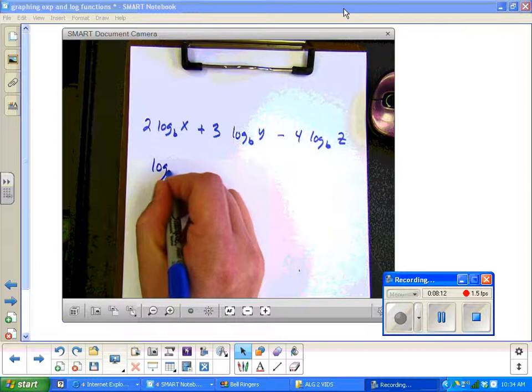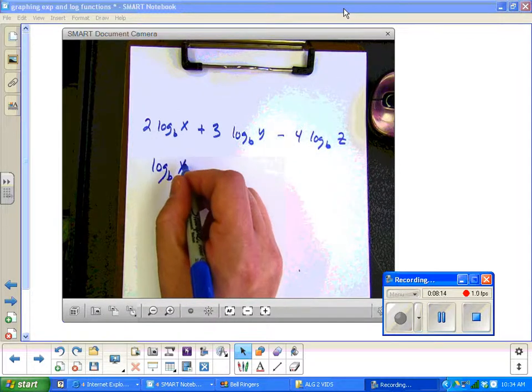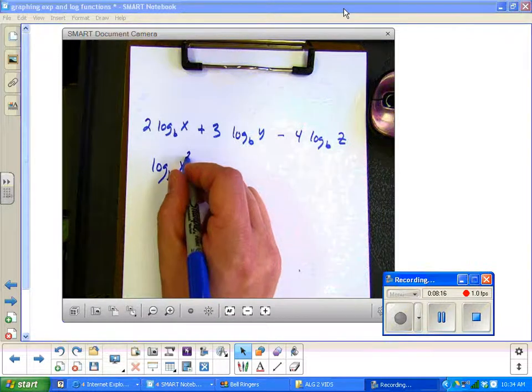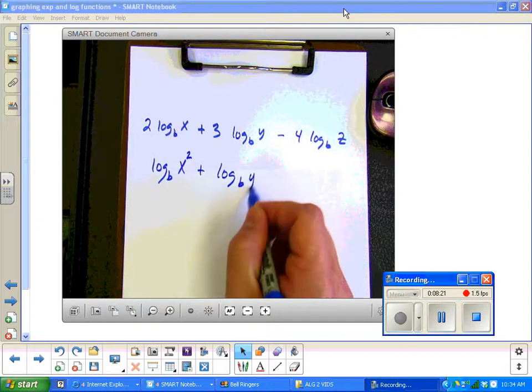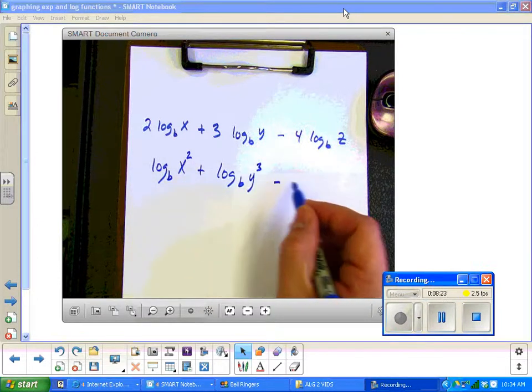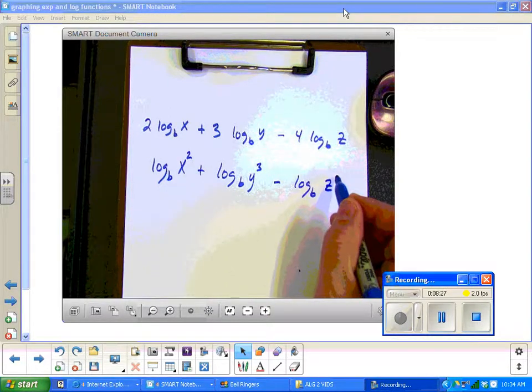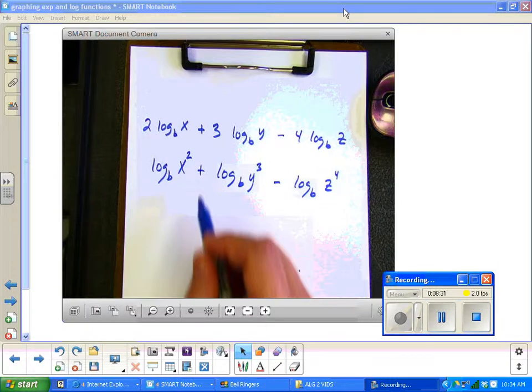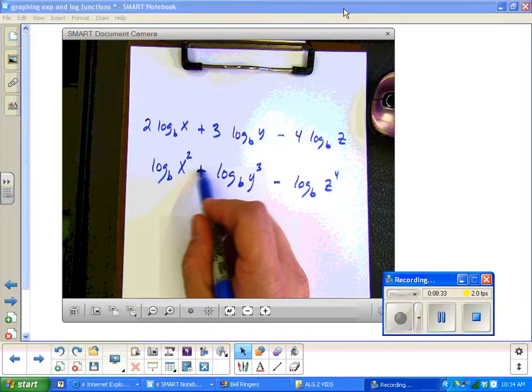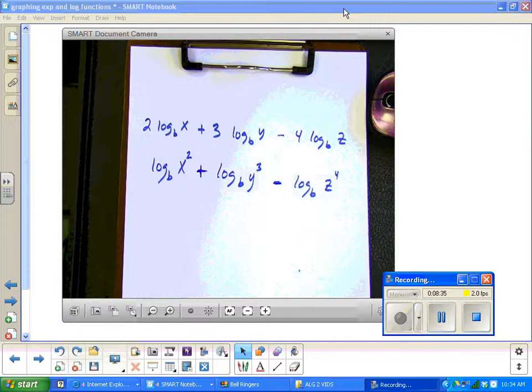So it would be log base b of x squared, plus log base b of y cubed, minus log base b of z to the 4th. Okay, now we've got the product property and the quotient property.